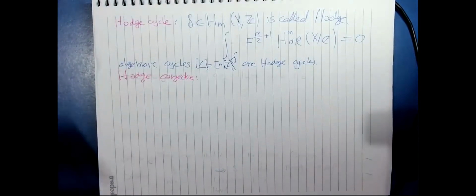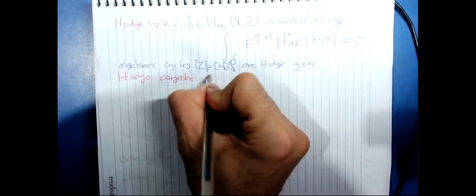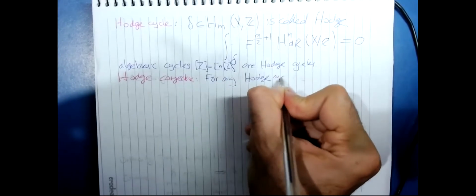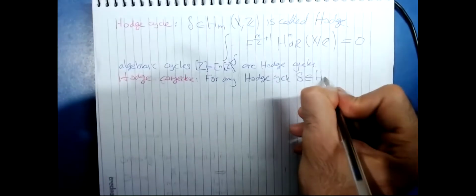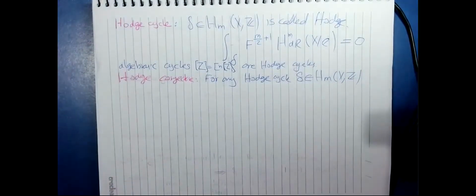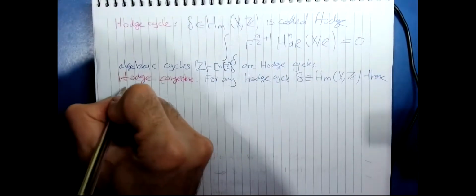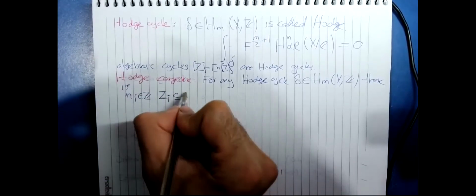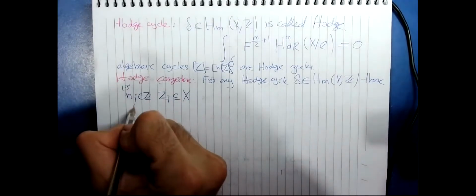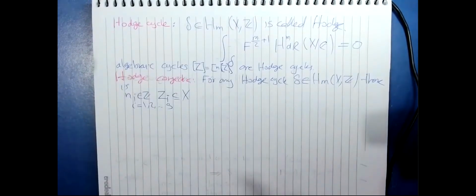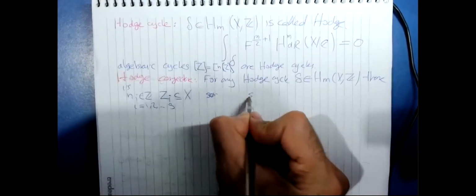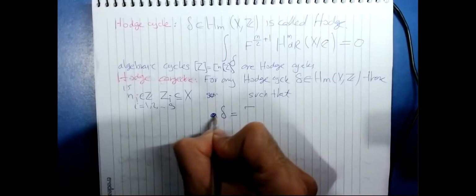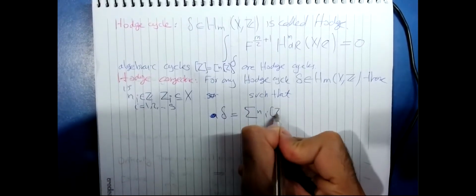So the first version of the Hodge conjecture is in this way: for any Hodge cycle delta in the homology H_m(X, Z), there are integers n_i and algebraic subvarieties Z_i inside X, with i equal to 1, 2, until s, such that delta is just the sum of n_i Z_i.